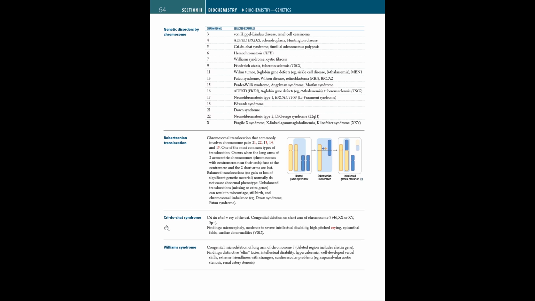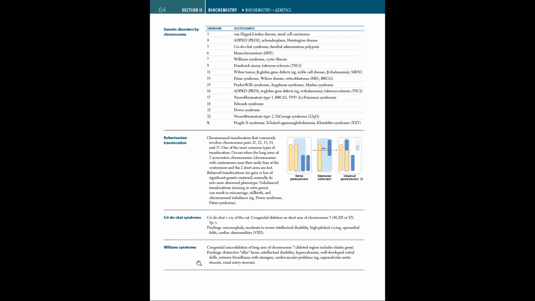The last two syndromes are Cri-du-chat syndrome, Cri-du-chat, which means cry of the cat, a congenital deletion on the short arm of chromosome 5. Now, the findings for Cri-du-chat syndrome are microcephaly, moderate to severe intellectual disability, high-pitched crying, epicanthal folds, and cardiac abnormalities, like, for example, ventricular septal defect.